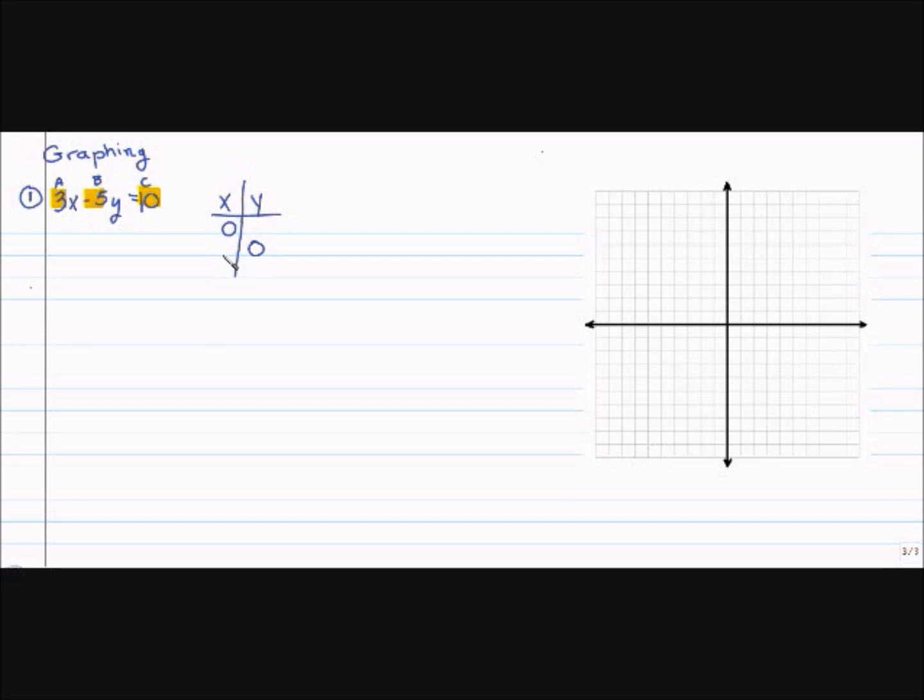That's a lot easier than plugging in 5 numbers, isn't it? Just find the x and y coordinates. Or, in other words, where's it cross the y-axis and where's it cross the x-axis?